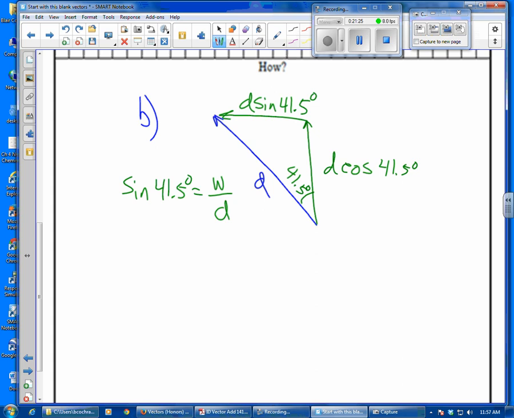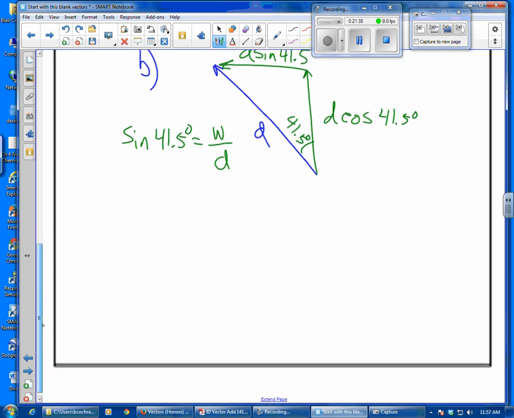But now the question, how do I know D? I got to go back to what I remember from linear motion, because I know that D equals D naught plus V initial T plus 1/2 AT squared. It told me I'm not accelerating, so that whole term is 0.